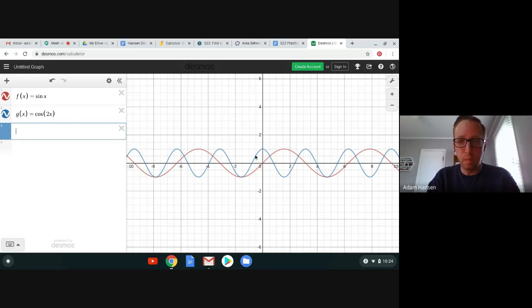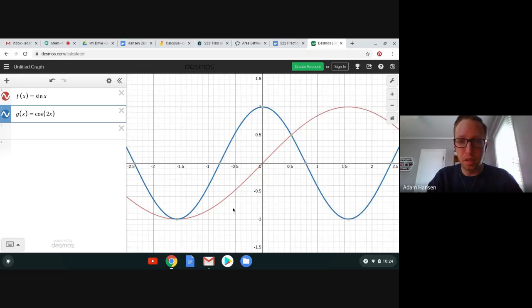So we're looking at between negative pi over 2, which is here, and pi over 6, which is here. So if I zoom in just a bit, it's basically this region. And as I said, the blue g of x function is strictly greater than sine x, our f of x function, on the interval.